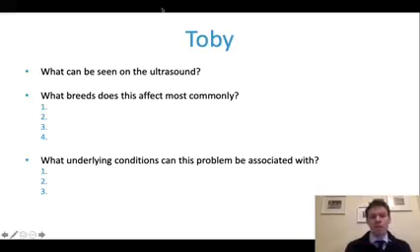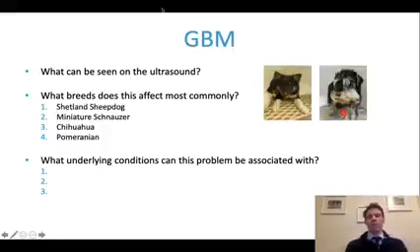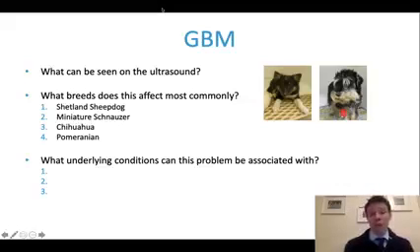But what other breeds does this affect most commonly? There are some textbook breeds that have been well recognised as presenting with gallbladder mucoceles, and just to give you a few examples of those, there's the Sheltie, the Shetland Sheepdog, our little miniature Schnauzer, Chihuahuas also, Pomeranians.